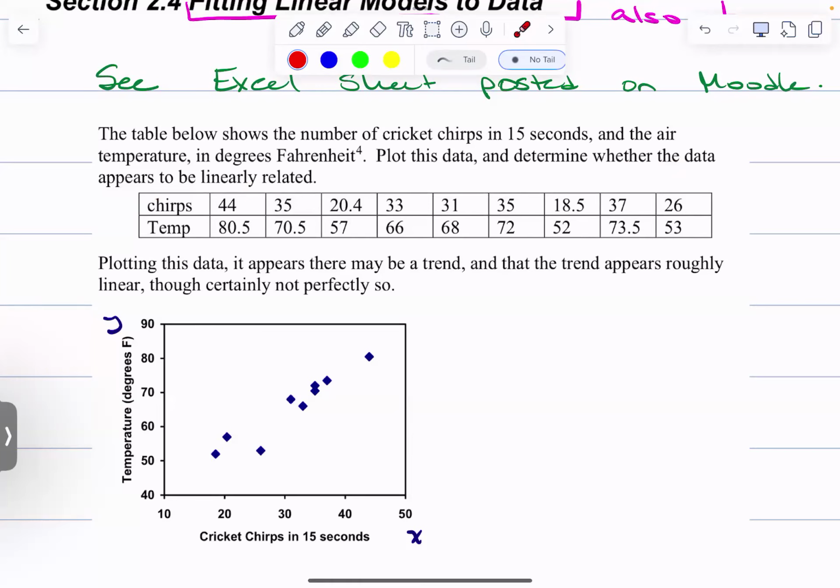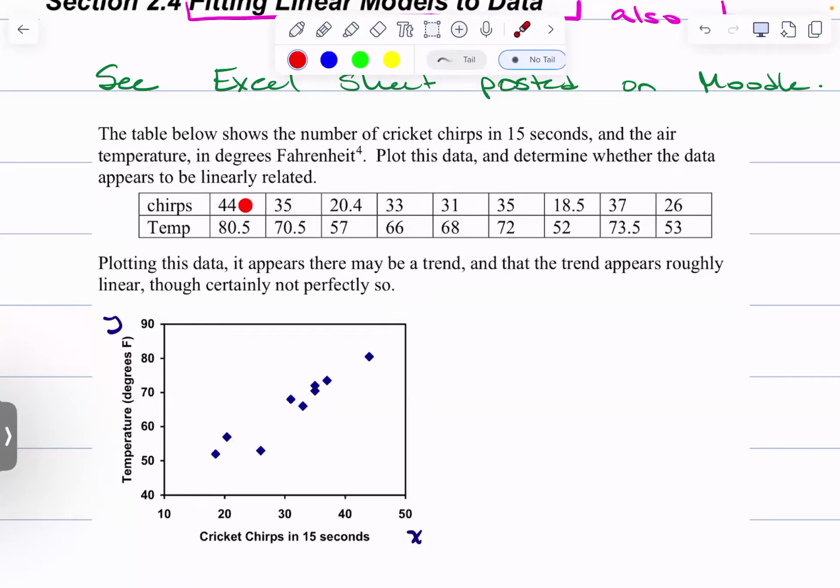Now, we've got our chirps, the number of chirps in 15 seconds. Right? You sit outside, you've got some cricket, and you record the temperature, and then you listen and see how many chirps you get in a 15-second time span.